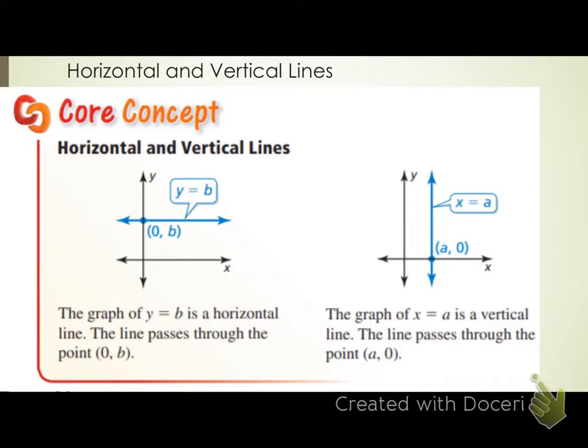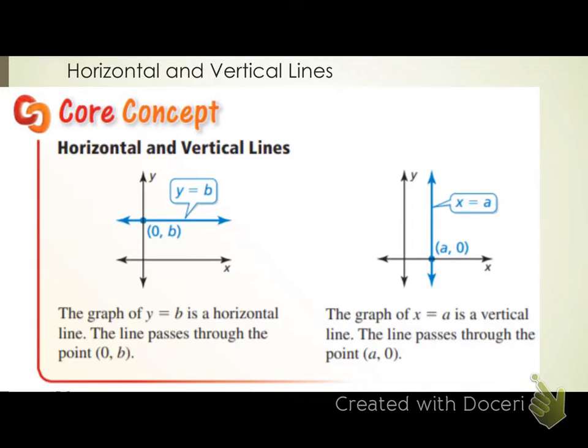The line passes through the point 0, comma b. So every y value on this line will be whatever b is: 1, comma b; 2, comma b; 3, comma b; negative 5, comma b. Every y value is b. So I have a horizontal line going through that b value on my y-axis.